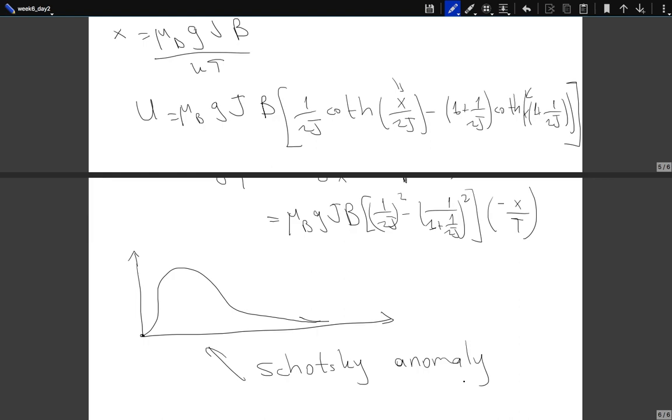And since it's just a derivative, that's why we see this maximum in these spin systems at low temperature. Any questions?